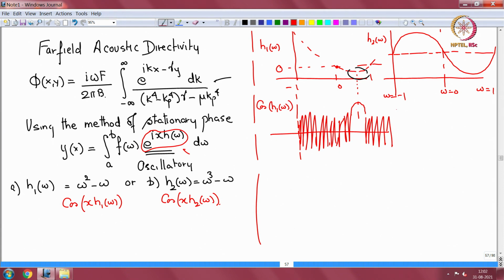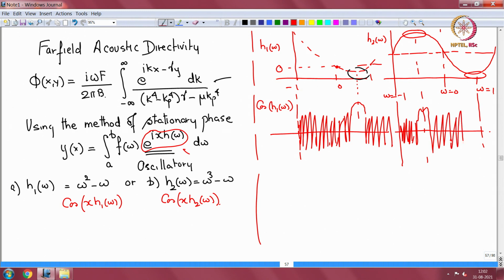Similarly for this one here, if we plot, here is a maximum, here is a minimum. It will go oscillatory and then slow down. It will go oscillatory and then again slow down.